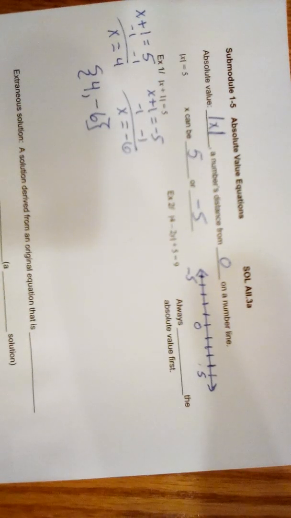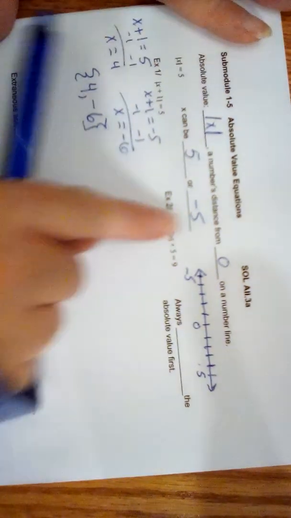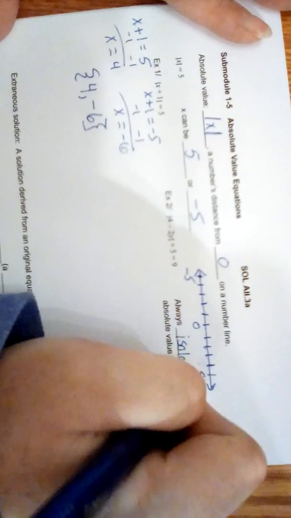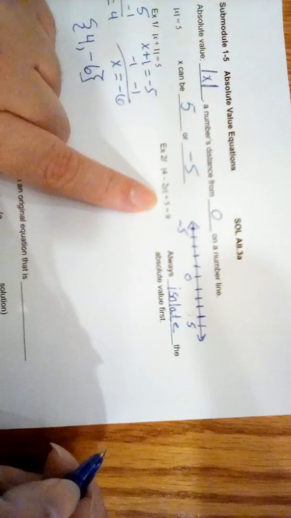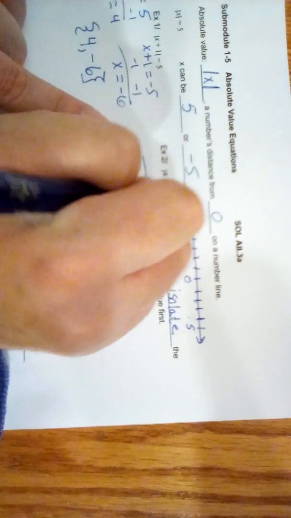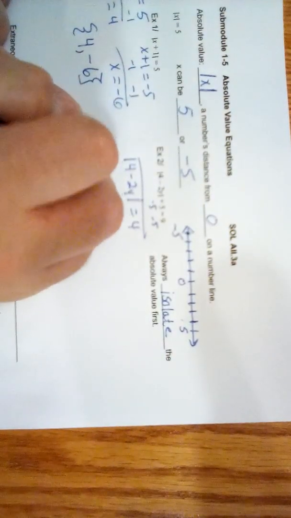Okay, when we're solving absolute value equations, we must always isolate the absolute value first. Isolate means get it by itself. So like this has a +5. We got to get rid of that, so we're going to -5. Okay, so now we have the absolute value by itself.